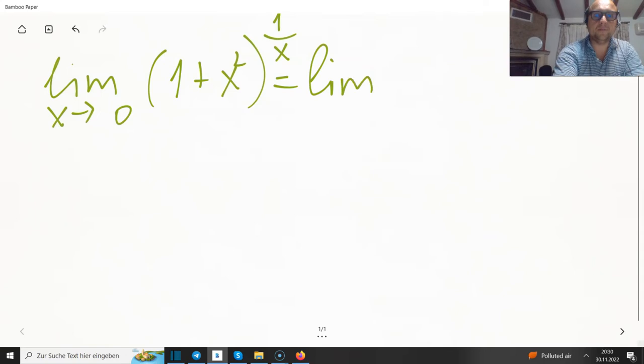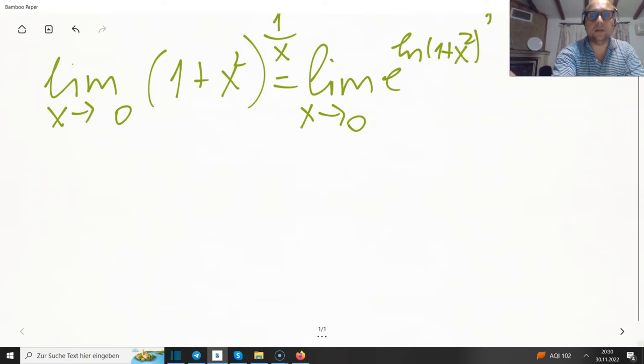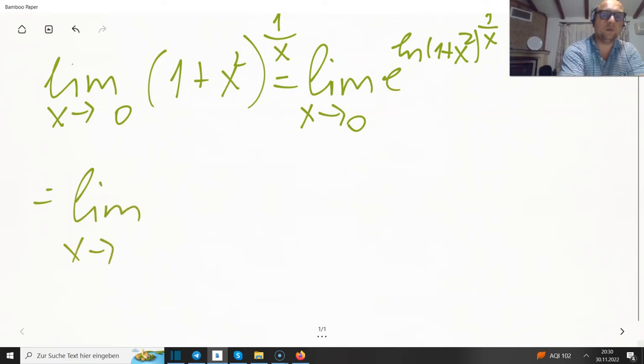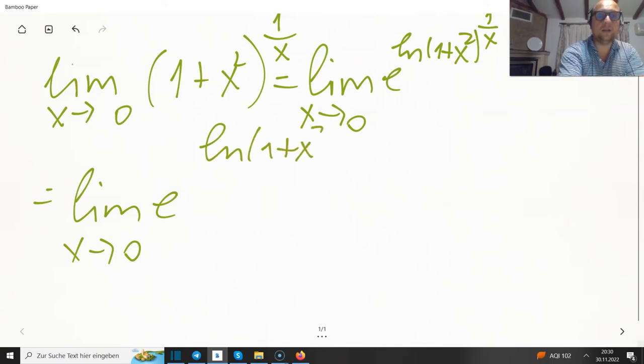We have the limit x towards 0 again of e to the power of ln of (1 plus x squared) to the power of 1 divided by x. That would be the limit x towards 0, and once again this is e, and now we have ln of 1 plus x squared just divided by x.